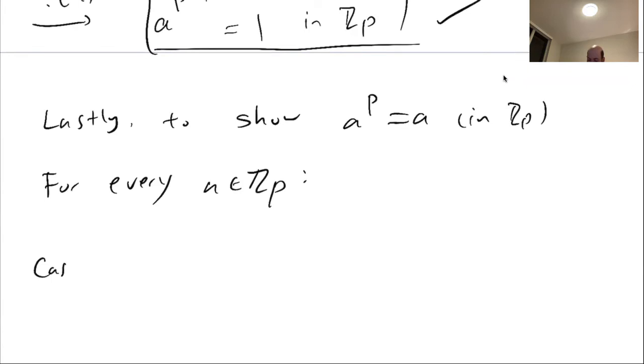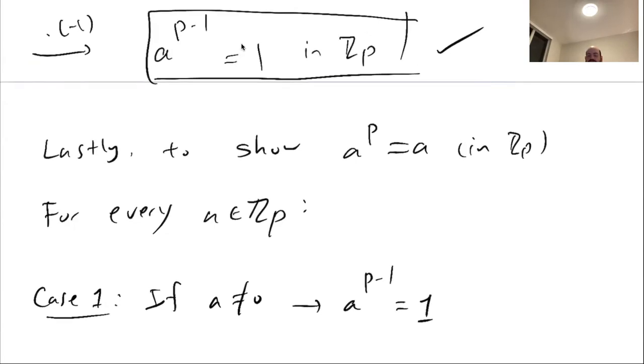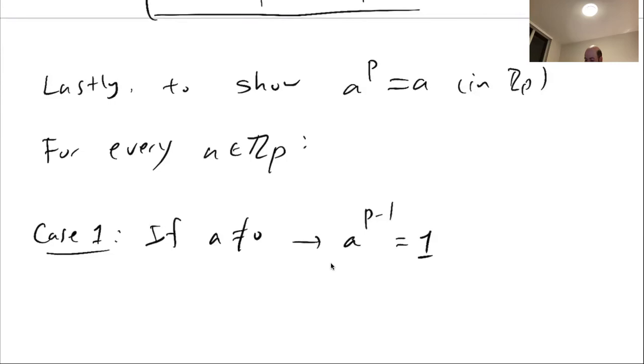So case 1, if a is not equal to 0, then we know that a to power p minus 1 equals 1. That's what the first part said. And if I multiply both sides by a, I get a to power p equals a.